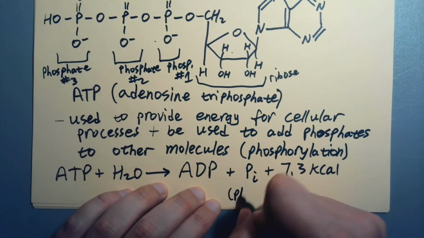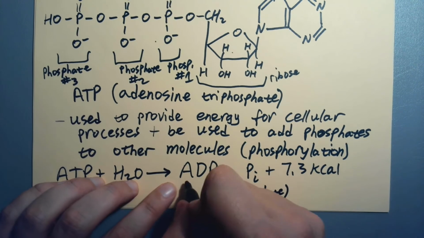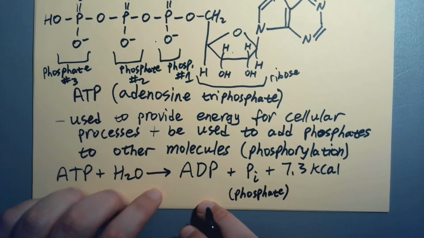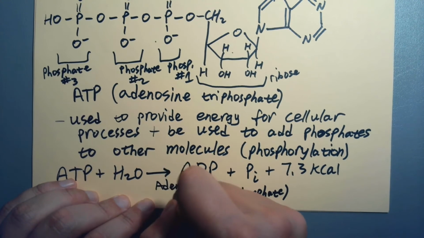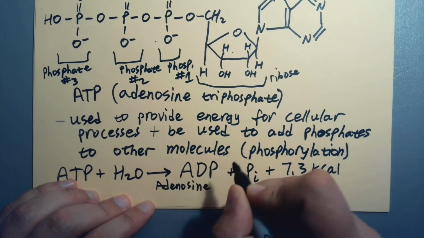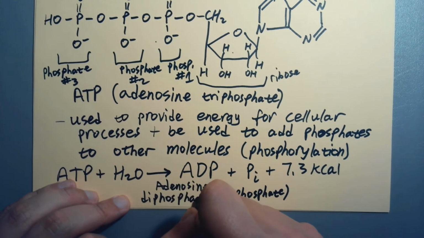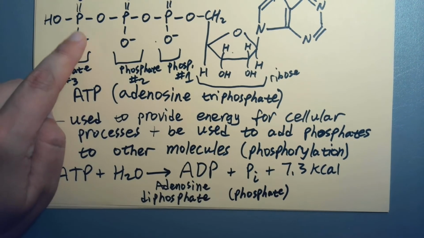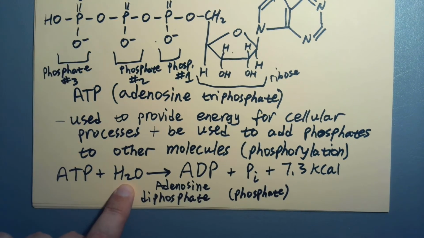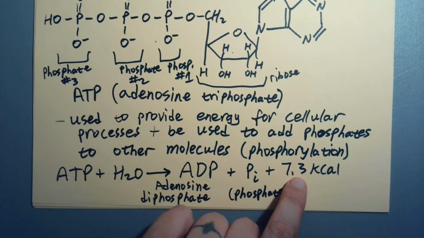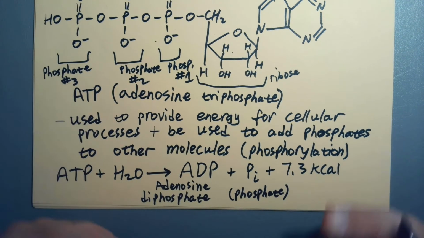So this guy right here, that's phosphate. And this is adenosine diphosphate. I think I gave myself enough room to write it. We'll see. So it has 2 phosphates. So we just break this bond right in here. We do a hydrolysis reaction and we net energy. And we use that energy for whatever it's needed for.